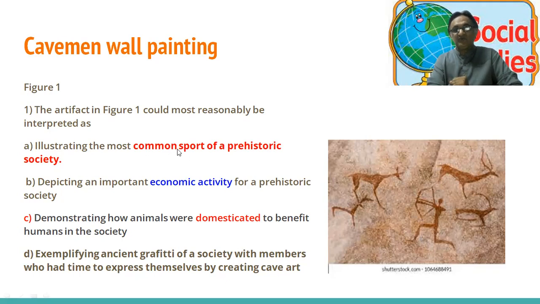Second, this is not a sport, because they are hunting, and hunting is for need, when they are hungry, or when the human body needs something. So why do we hunt something?